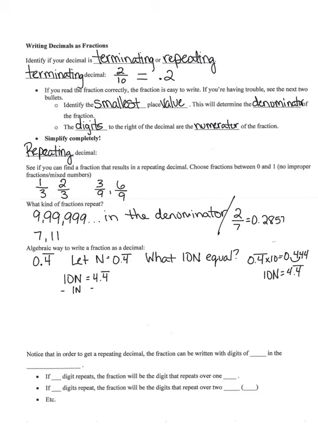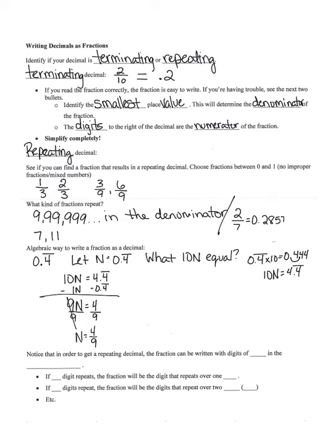So on this side, I'm going to take away 0.4 repeating. So I'm left with 9n equals 4. And to get n by itself, I'm going to divide by 9 and divide by 9. Therefore, n is equal to 4 divided by 9, which is 4/9.